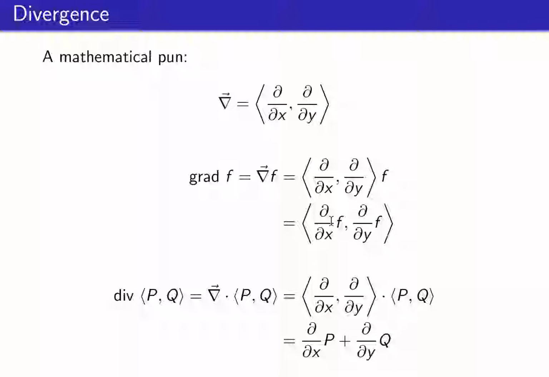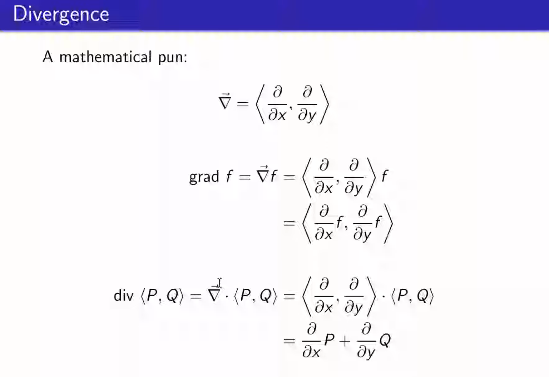But this is not even multiplication, right? So what's going on here? Well, the point is we define the gradient to be this thing, and this notation here is helping us remember through this play on words how to do it.